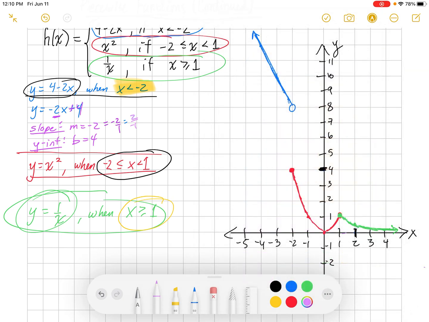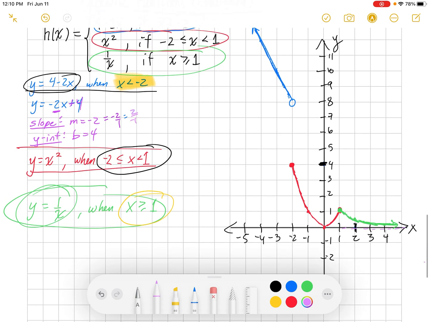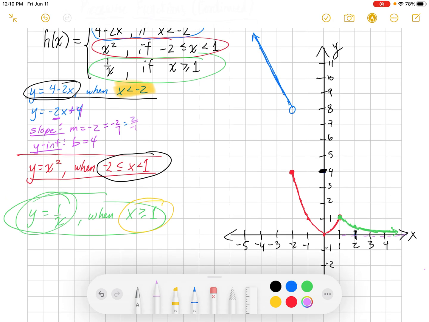And if you want, you can make a little dashed line down here. I'm going to make it purple along the x-axis to indicate the horizontal asymptote. So that green reciprocal function is going to go to the right forever. It's going to get closer and closer to the x-axis. So that x-axis is a horizontal asymptote for the green. So you got 3 pieces.